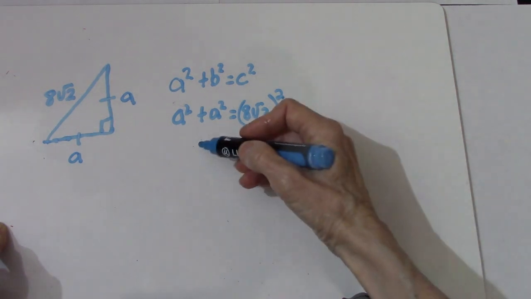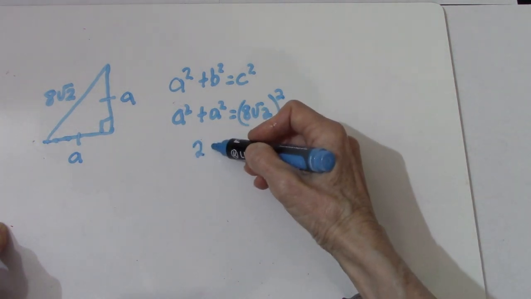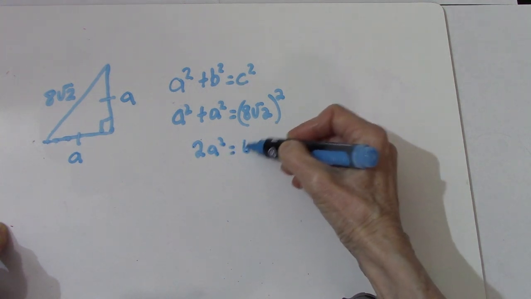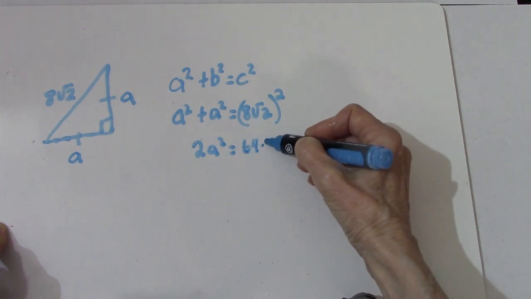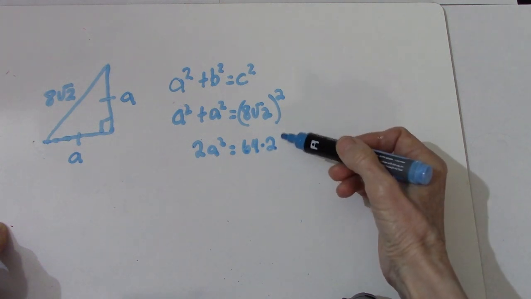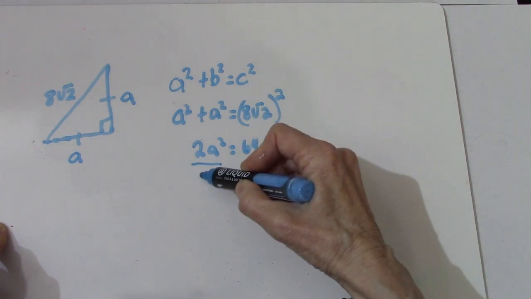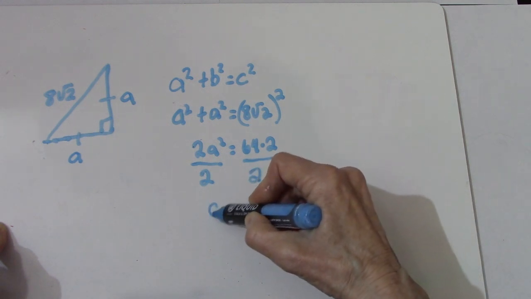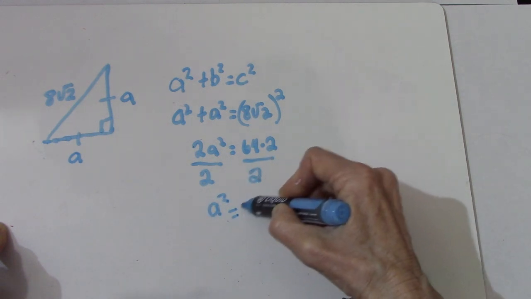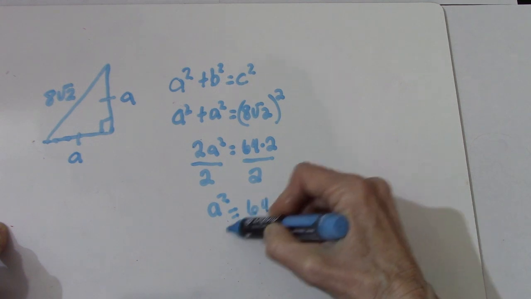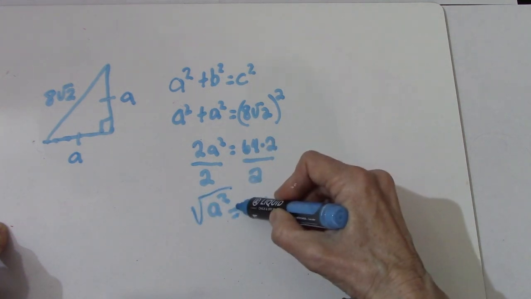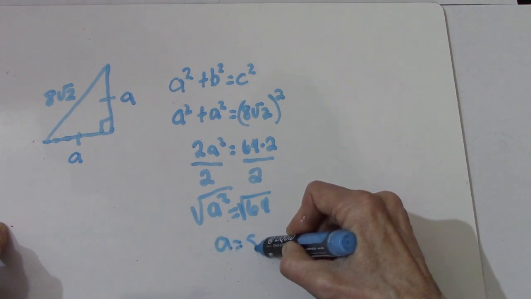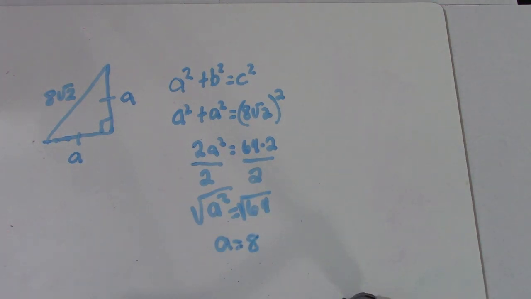So I have 2A squared equals 64 times 2. And then I'm just going to divide everything by 2, and I get that A squared equals 64. Take the square root of both sides, and A equals 8. Is that what you guessed?